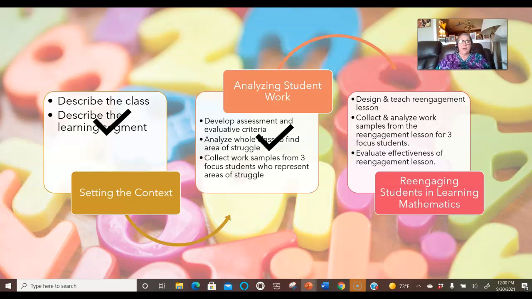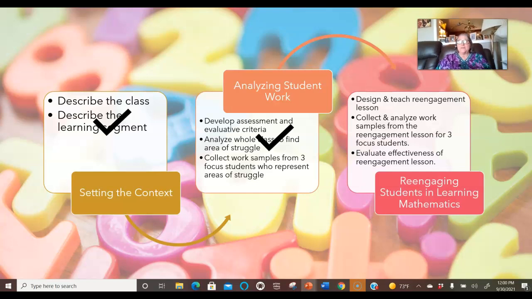Now, also your cooperating teacher could have taught that. That's also an option. But once you've done that, then you've analyzed the student work and you've come up with a common area of struggle.